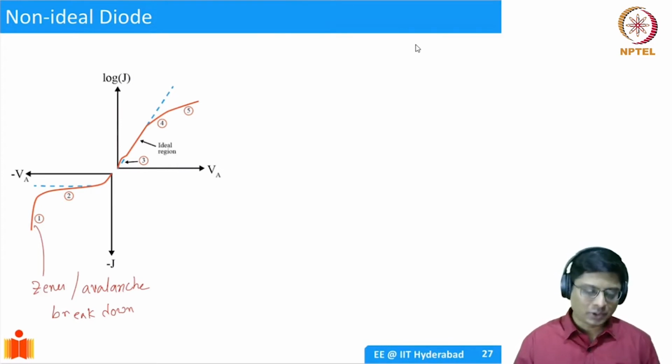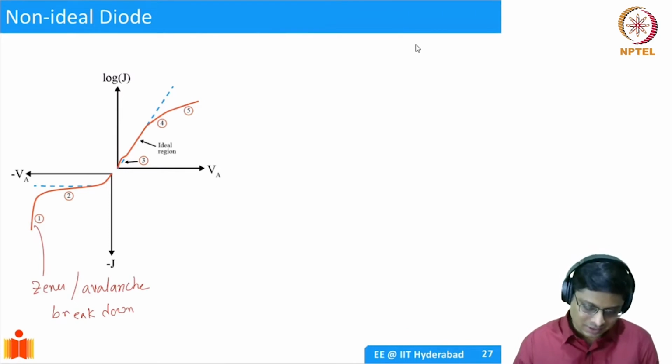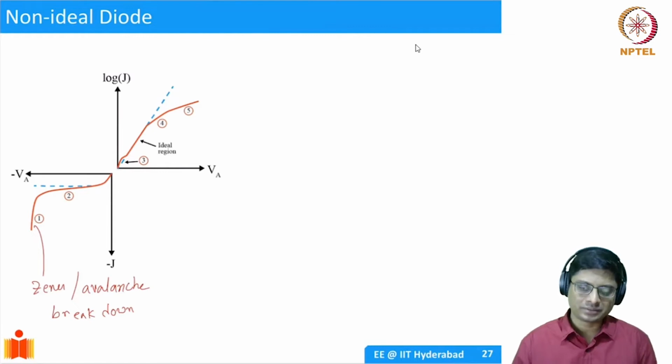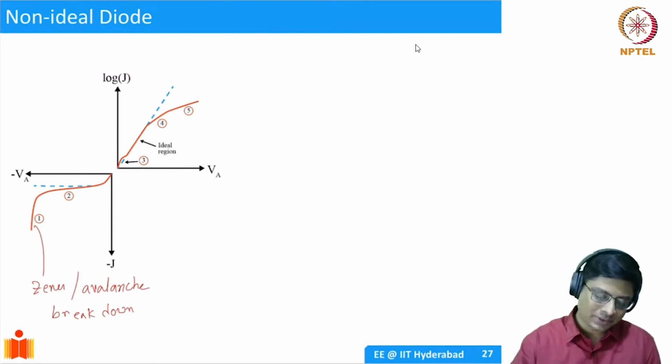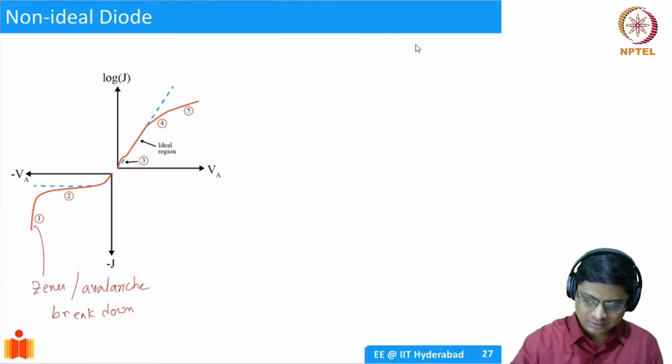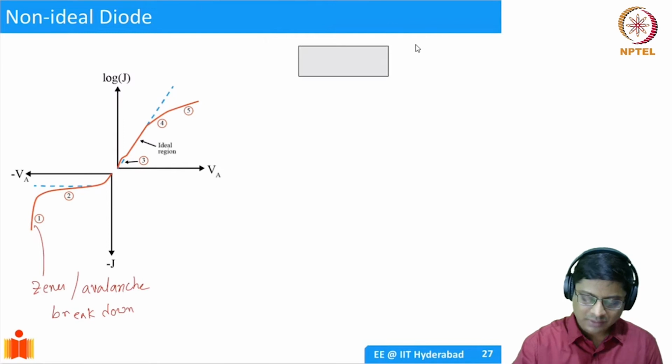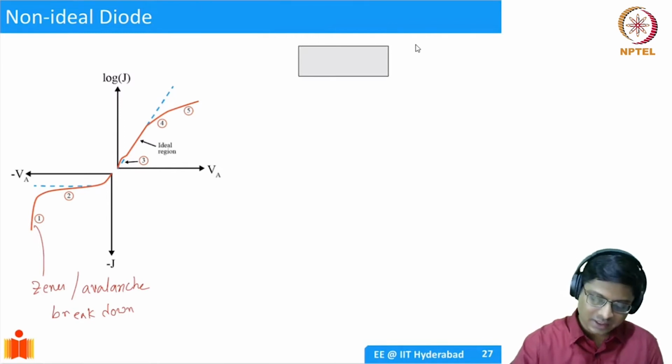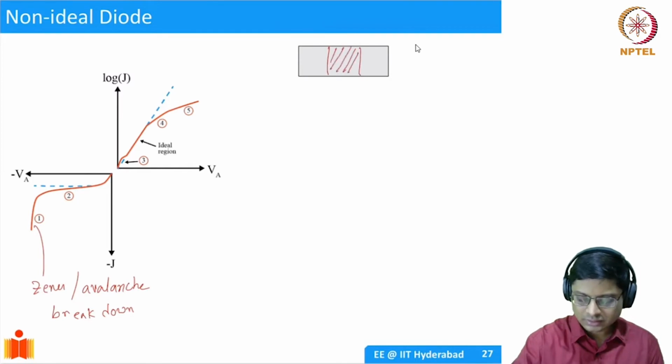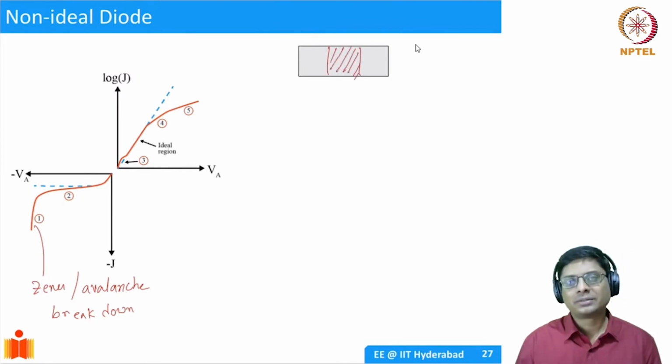The second type of non-linearity that I would like to discuss is basically the electron hole pair generation in the depletion region. So what happens? Let's say you have a PN junction this way, and I have a depletion region in between. I apply reverse bias, and then the depletion width increases.